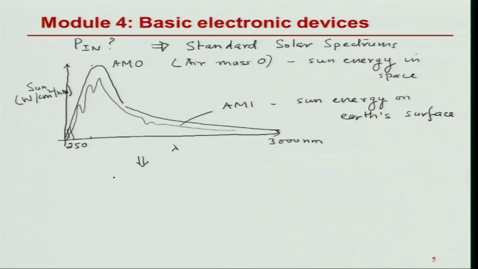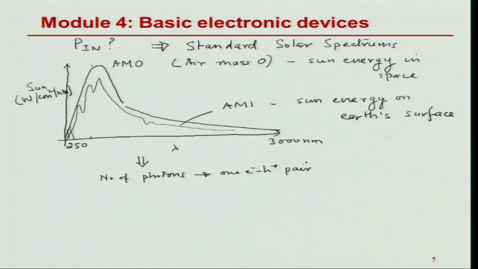It becomes easier if I change this watt into number of photons, which I can easily do because each photon is h nu or hc by lambda. So I can calculate for each joule how many photons I have, and the convenience comes from the fact that each photon is responsible for one electron hole pair.